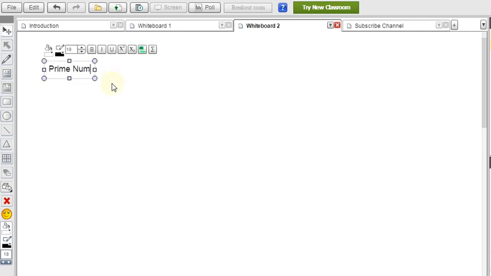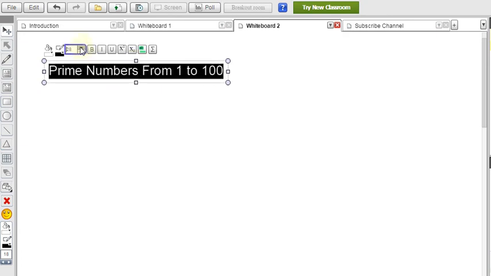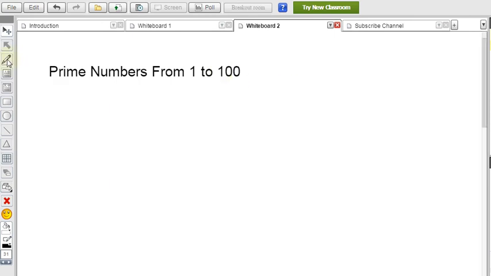Prime numbers from 1 to 100 have no factors except 1 and itself.